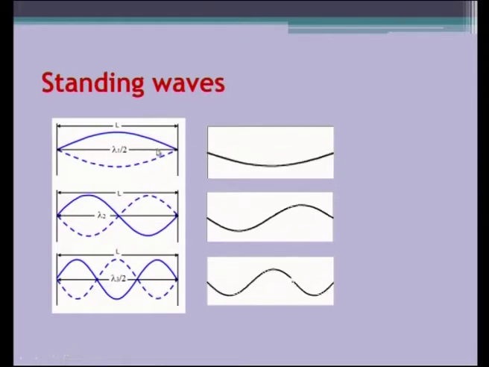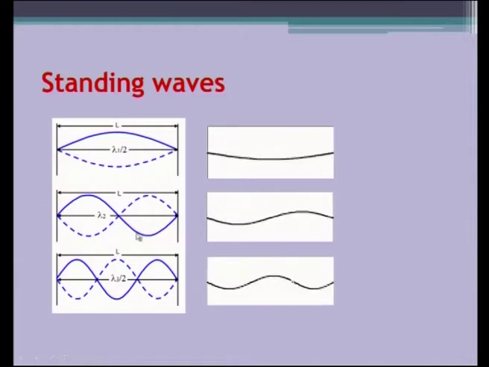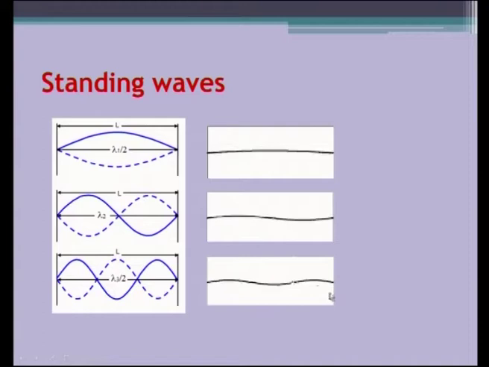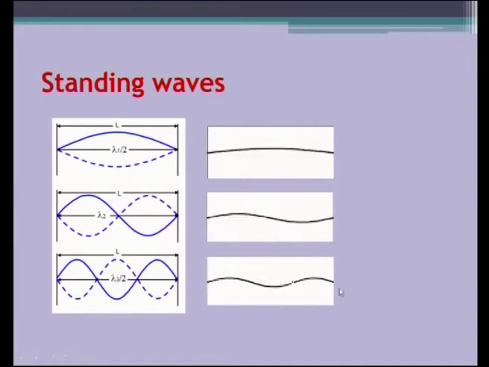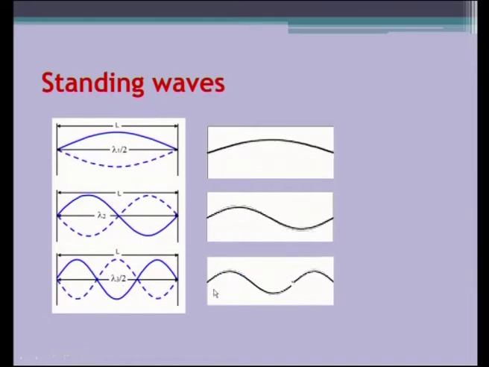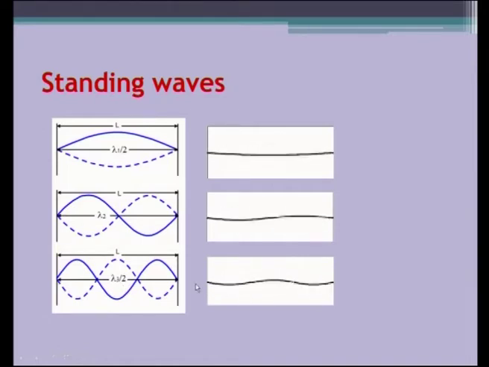This one loop is of the wavelength, and in the second case, two loops are formed, and in the third one, three loops are formed. In the second case, the wavelength is equal to the length of the vibrating segment, and in the third case, the length is equal to 2/3 of the wavelength, and this kind of wave pattern is formed in the string.